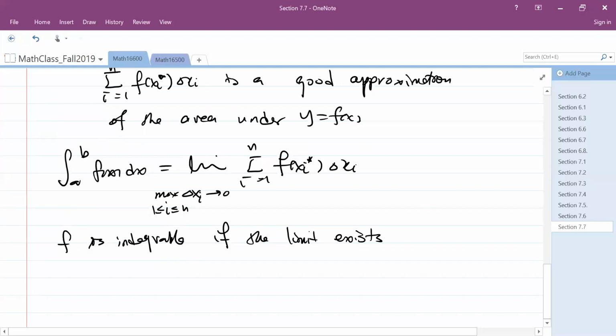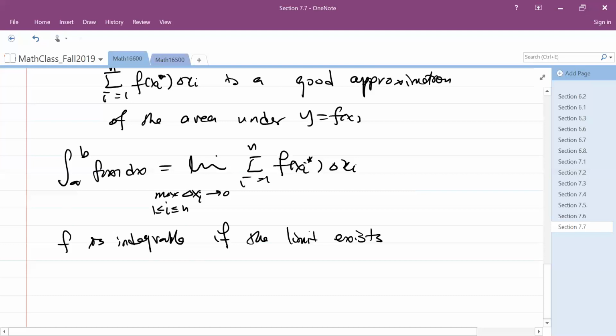And it's not only just a function of n. It depends on n, it depends on xi star, and it depends on delta xi. Lots of them. But we want to make sure the partition of the interval, the length of the subintervals, all uniformly approach 0. Then if you get a limit, that should be the definite integral.